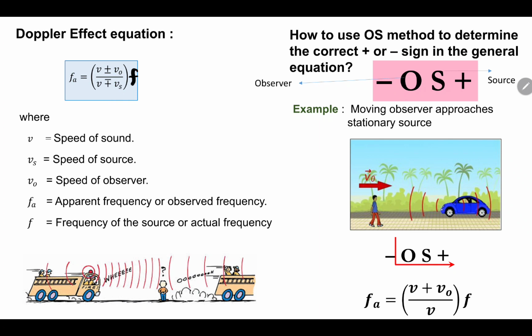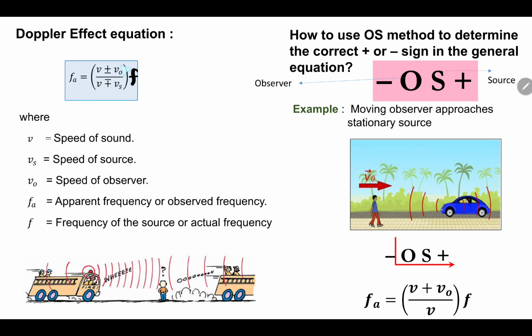Let's say this is the formula, and I mentioned earlier in the first part of the video that your syllabus will be limited to the case where one of the two is stationary, either the observer or the source.